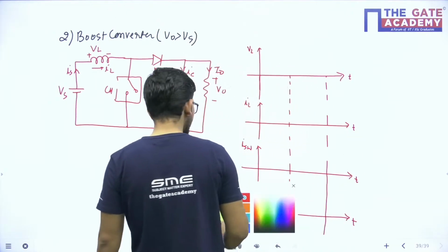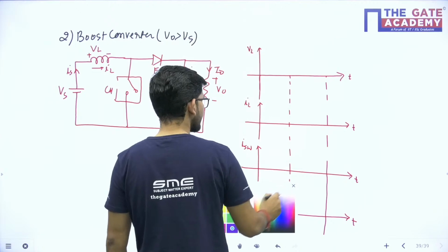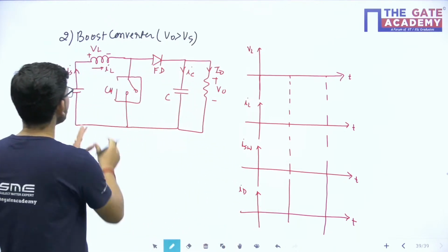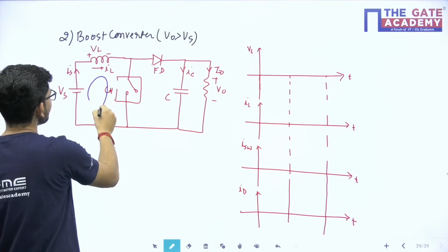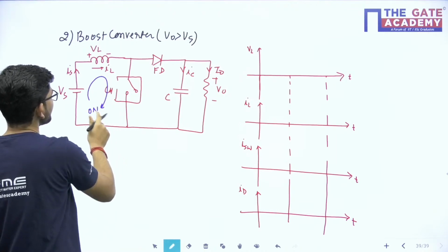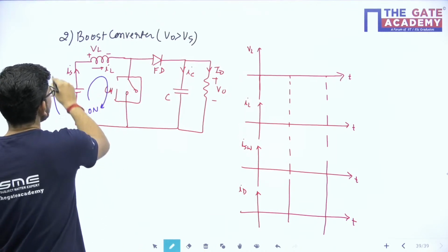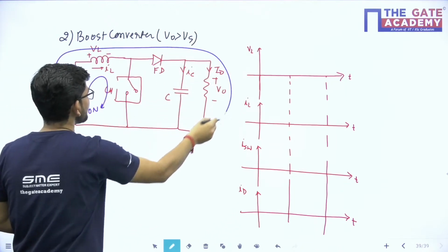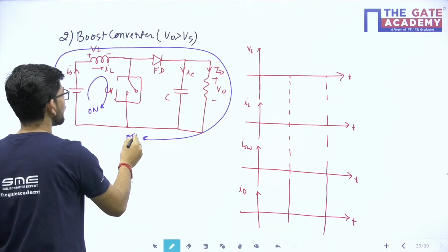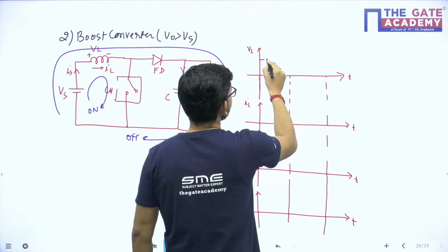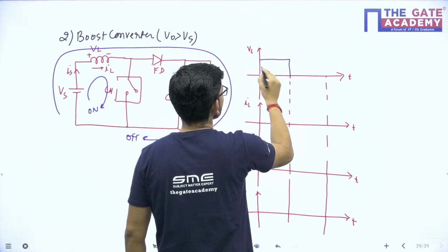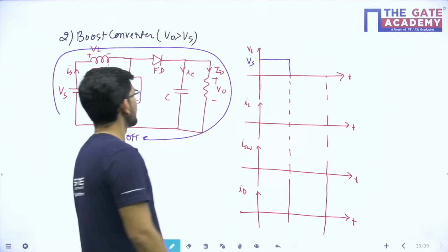So what will happen during the on period and off period? See, during the on period when the chopper is on, this portion of the circuit will be active. When the chopper is off, then this particular circuit is active during the off period. So when the chopper is on, the inductor voltage will be equal to Vs, isn't it?